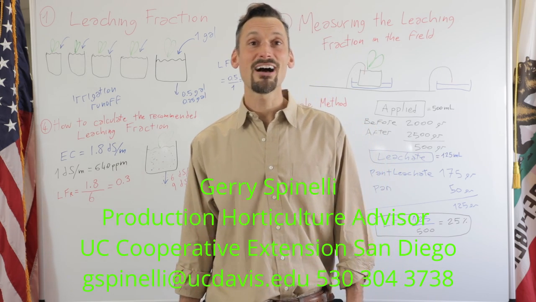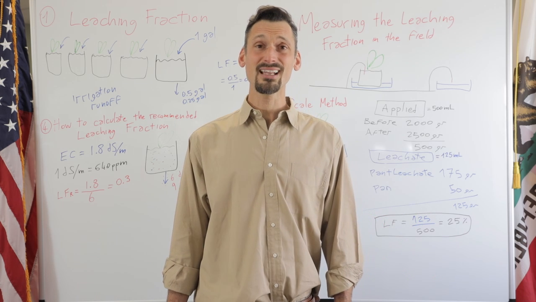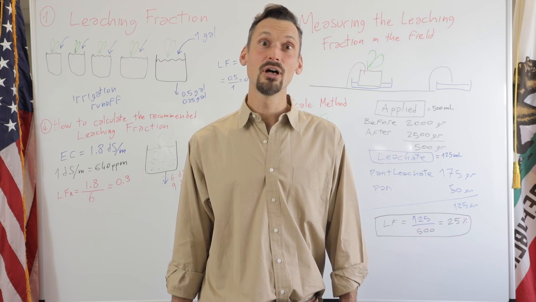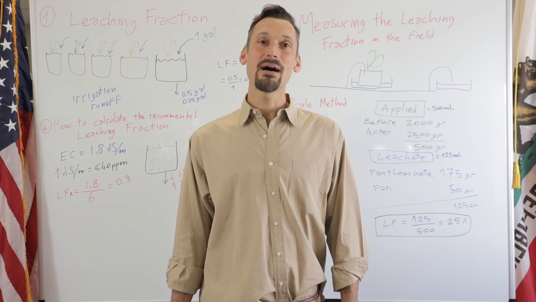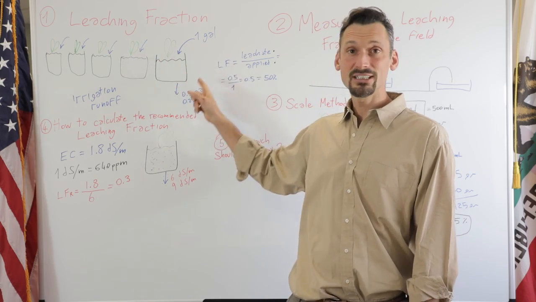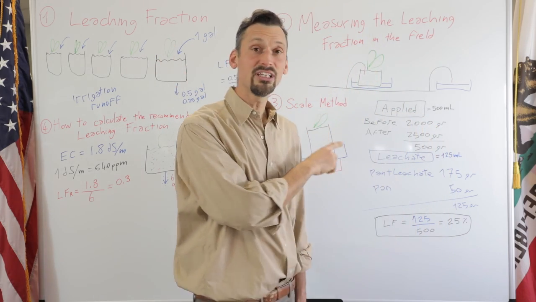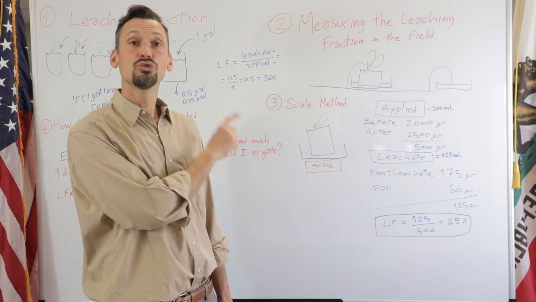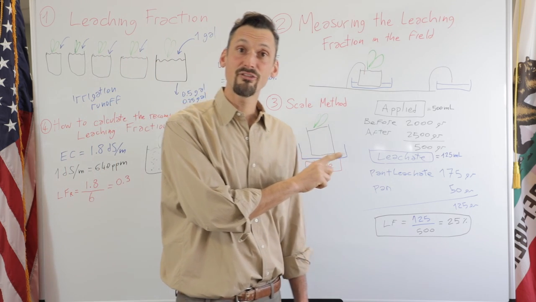This is the fifth and last video of a video series about leaching fraction. In the first video we defined what it is. In the second and third videos we showed two methods to measure it in the field.